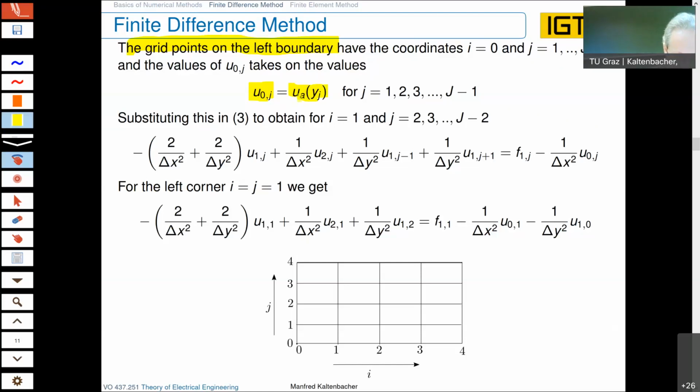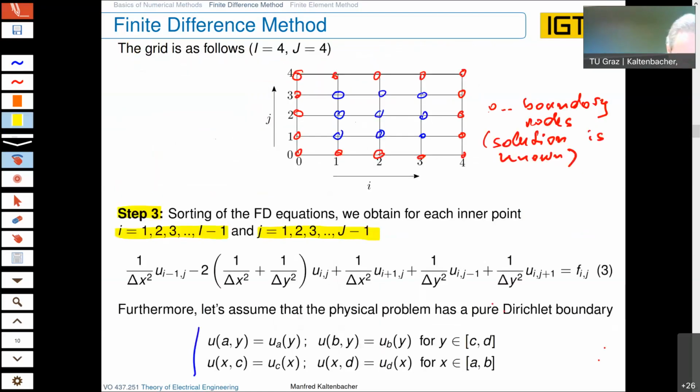Now, if we are in such a situation, let's have a look, for example, at this node here. We take a stencil, which means we take this node, this node, and this node, but this node and this node are known, so there is no difference if we take this node, and then this equation is our equation.